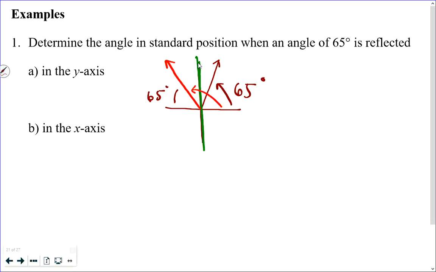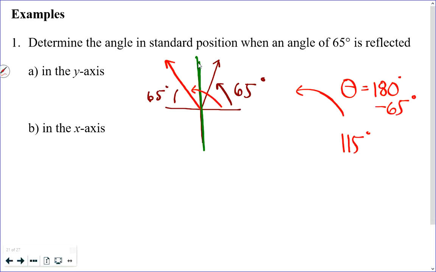So if that's 65 degrees, then this rotation angle all the way to that point is going to be 180 minus 65 degrees. There's nothing particularly illuminating about this example. It's just an application of rotation angles and reference angles. Is that 115? Is my subtraction correct? Okay, good. So this would be 115 degrees.